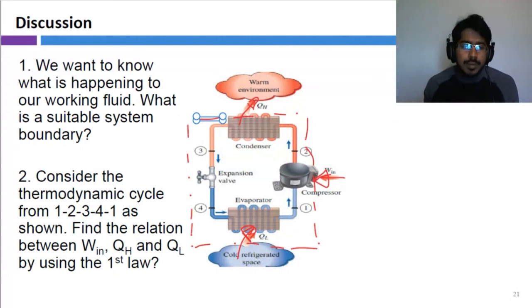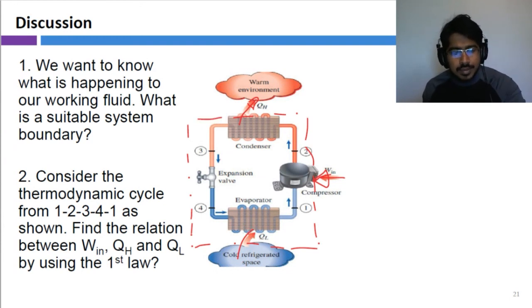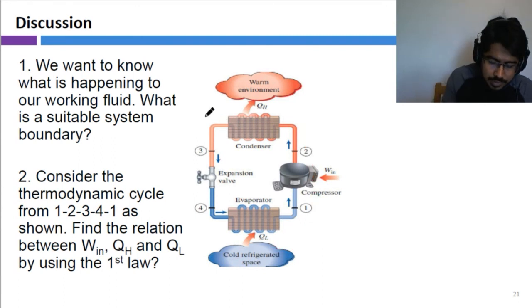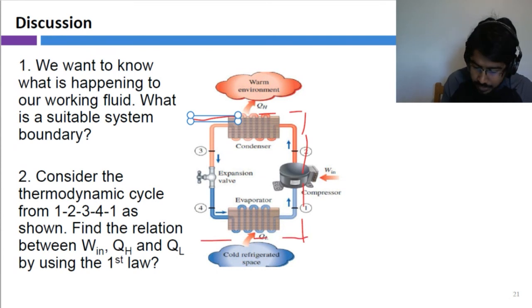Okay, so to be more accurate, we could have just picked all the surfaces wetted by the refrigerant inside the cycle. So then nothing else, the refrigerants only. But for our calculations, it's fair to assume a system boundary like this. I mean, we know what we are referring to by this system, right?